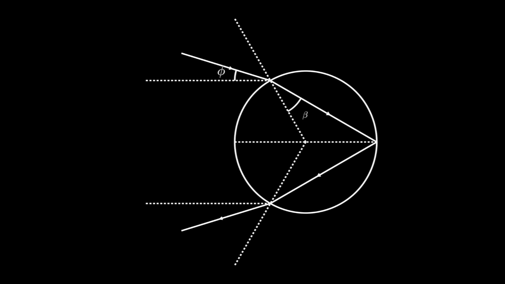Because the angle of incidence is equal to the angle of reflection with respect to its own normal line, we know that this angle is also beta. Now, something important to note about Snell's law is that it actually works regardless of which way the light is traveling. So if you don't mind, I'm going to surreptitiously reverse the direction of these light rays.